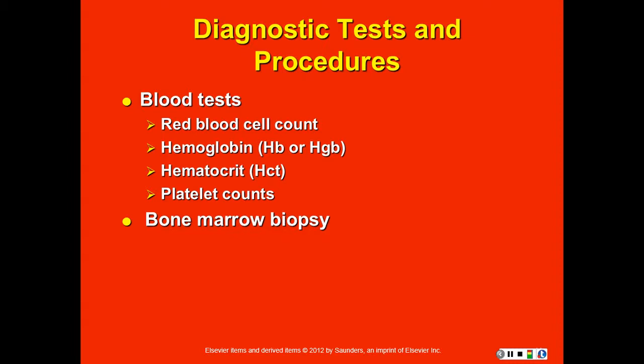Hematocrit gives you a percentage of red blood cells in a blood sample. Platelets gives you an idea about your ability for clotting.